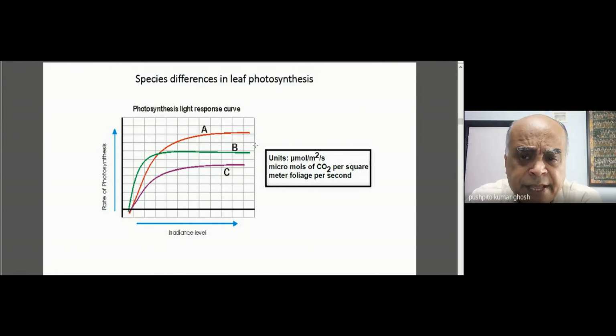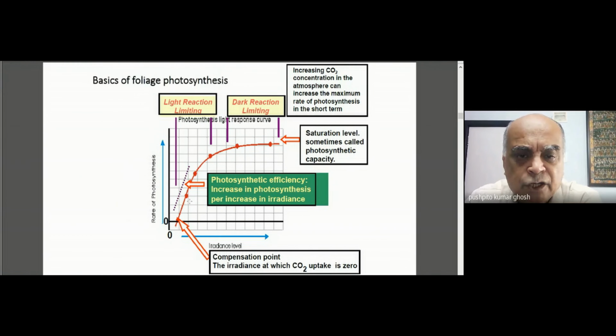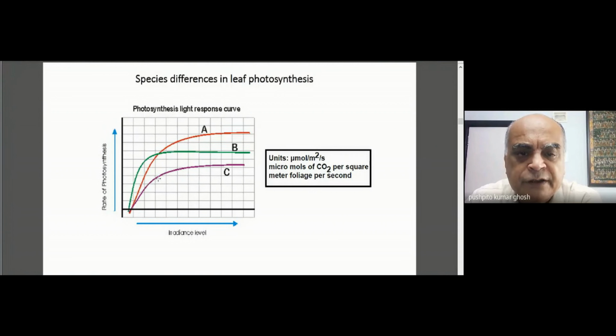Remember another thing, that all plants do not behave in exactly the same way. So depending on species, there will be differences in this curve that I showed you. For example, these are three different species of plants, and what you can see is that they behave very differently.